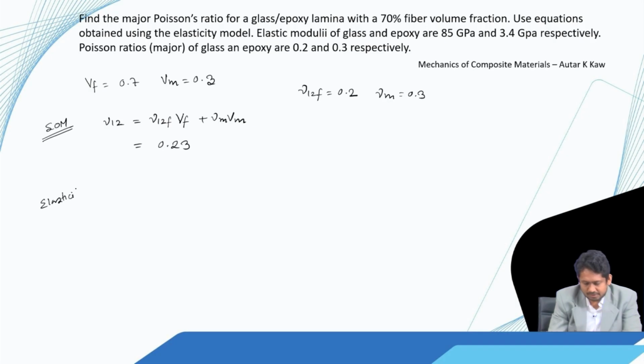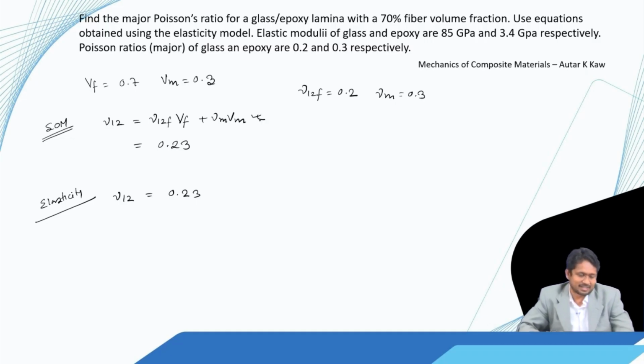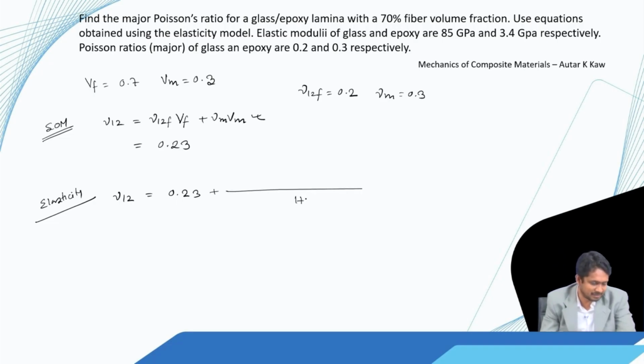Now, if we want to get the same thing using the elasticity based approach, then as per the formula we have the same thing that we get from the strength of material based approach plus one fraction, and in that fraction the denominator was same as the denominator that we had for the expression of the elastic modulus along direction 1. So, again in that fraction we have H, and in the numerator again we have a big expression.